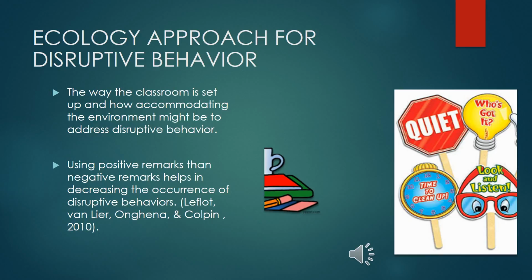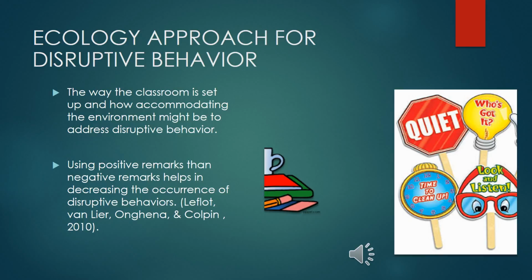Some kids might just see a particular writing on the wall and it could set them off as a trigger. It might be the sitting arrangement. So the ecological approach is basically being aware of your environment, the classroom environment, and how it affects the particular child that is eliciting a disruptive behavior.